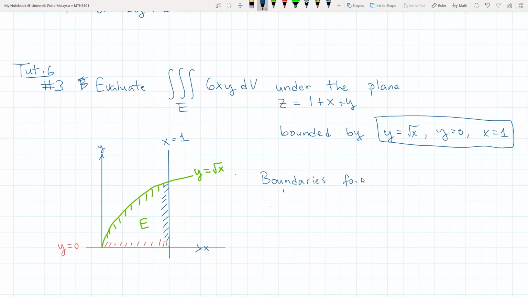Boundaries for integration. Okay, let's see. Which one we want to fix, meaning that it should be a constant from A to B. It's not a function. The boundaries is not a function.